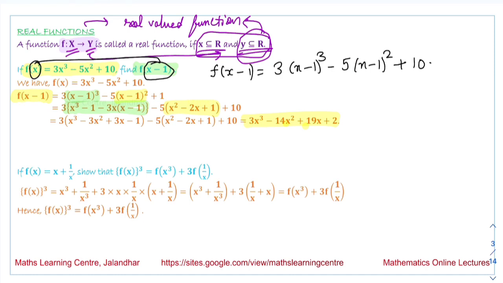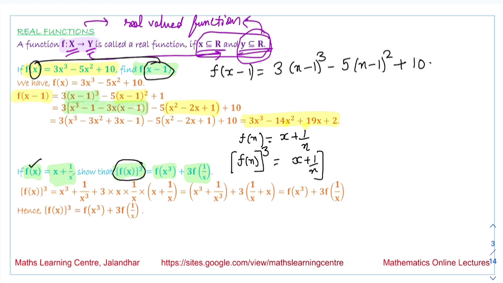Next, if f(x) is equal to x plus 1 by x, we have to show that f(x cube) is equal to f(x) cube plus 3 times f(1 by x). So what is the meaning of this term f(x) cube? We are saying this is f(x), that is equal to x plus 1 by x. So f(x) cube means (x plus 1 by x) cube.